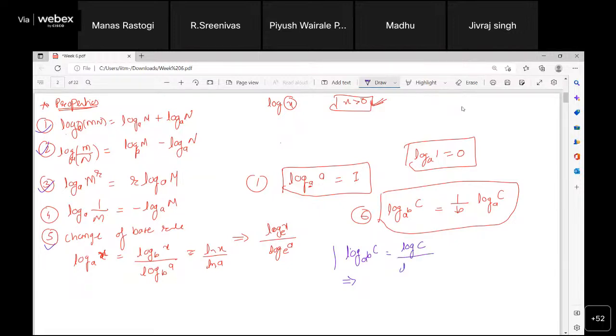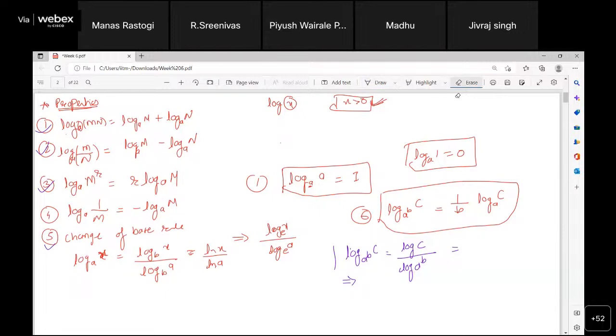So log of c upon log of a to the power b. Say the base will be e, any log. You can apply any base, no issue. If you are saying a, then that is fine. Now we will apply the third property. Here you cannot take a because it will become 1, right? In the base also it is a. So you can take any base.